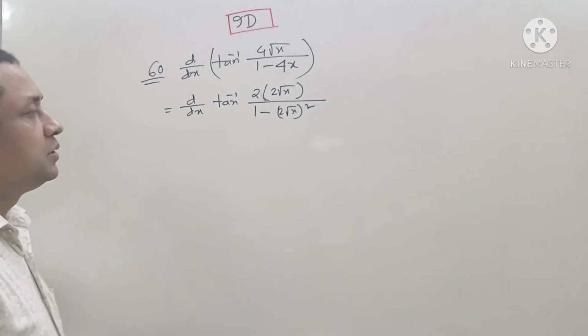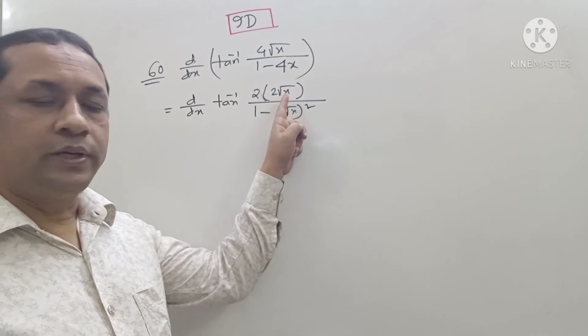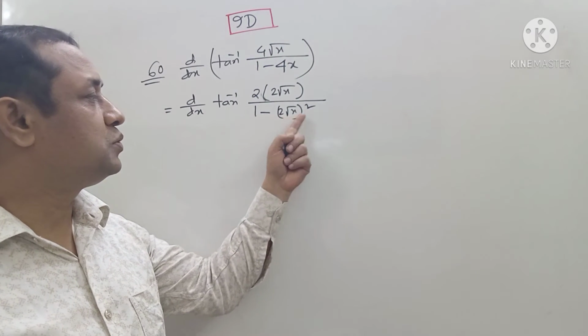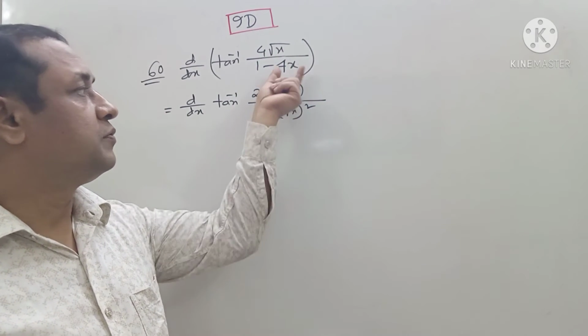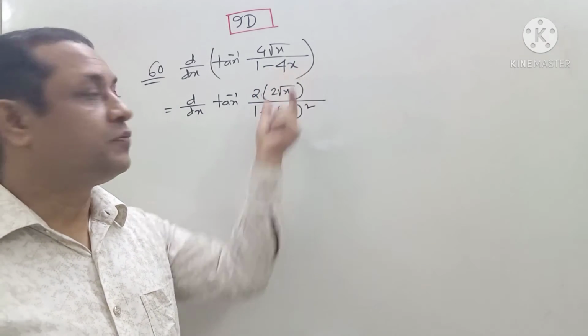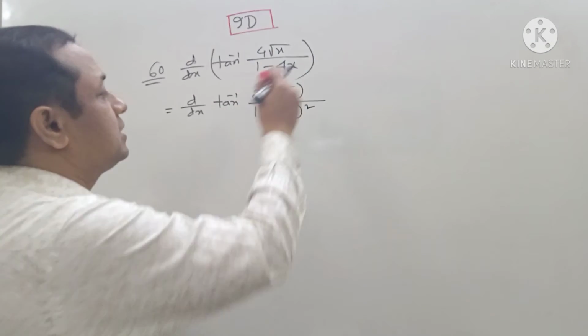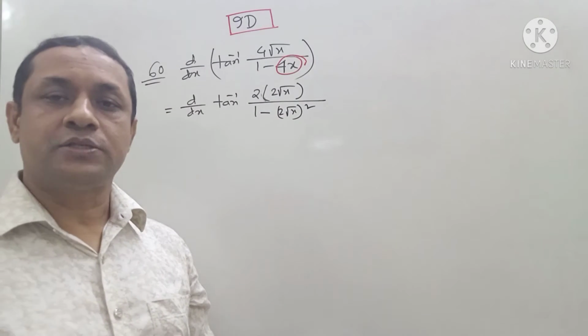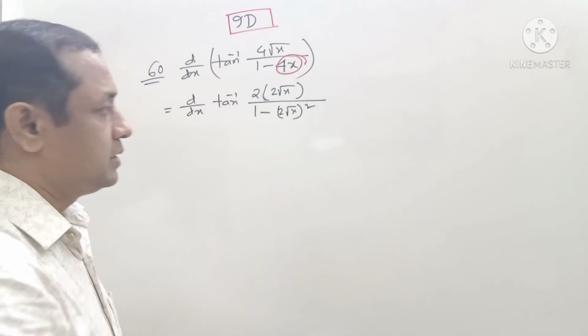Here 2 into 2 root x means 4 root x, and 1 minus (2 root x) whole square means 1 minus 4x, since 4x equals (2 root x) whole square.